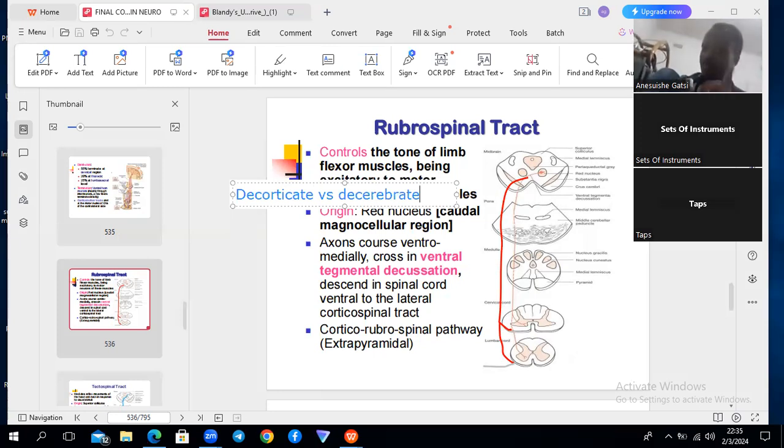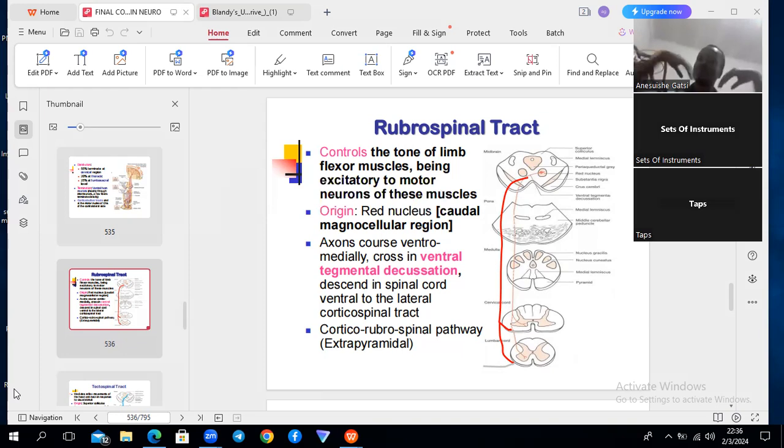But as you try to differentiate this decorticate and decerebrate, just know that in one of those pathways, one of them will have a functional rubrospinal tract. The other one will not. Right. And I said that the rubrospinal tracts are going to help with flexors. So as you look at this upper limb, my upper limb right now, if I'm flexing like this, of the decorticate and decerebrate, one of them will be like this, the other will be like this.